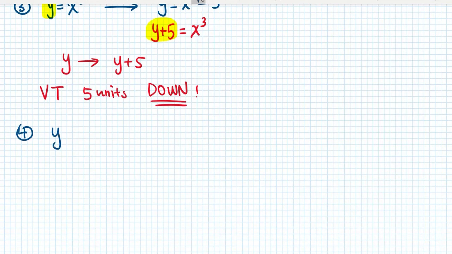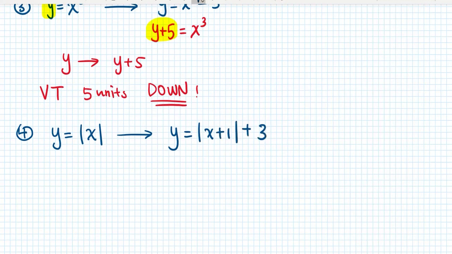Last one, well, this time is the absolute function. So y is equal to absolute function of x, changed to absolute function of x plus 1 plus 3. So this one is actually a combination of horizontal and vertical because x is changed to x plus 1 and there is the plus 3 on the right side.